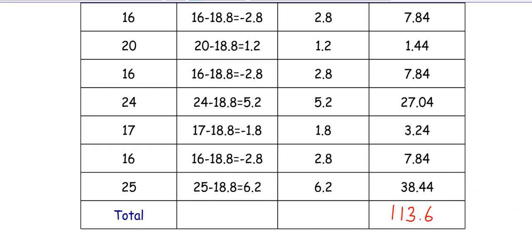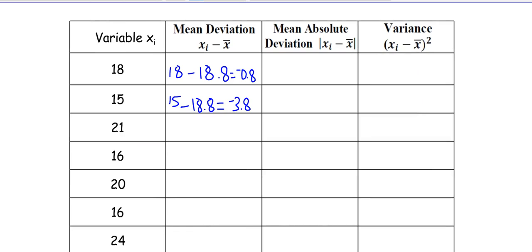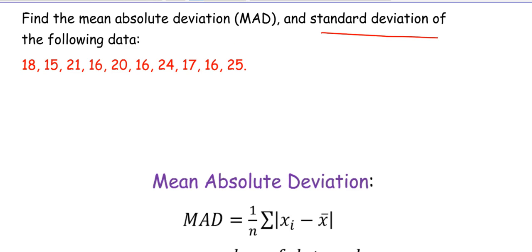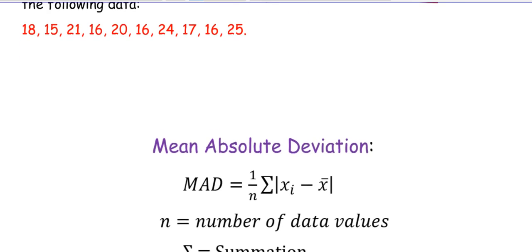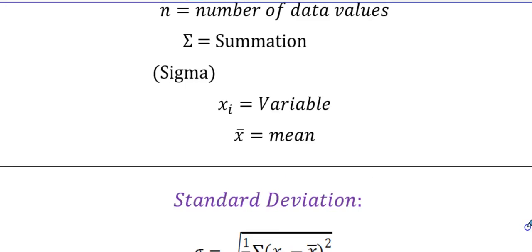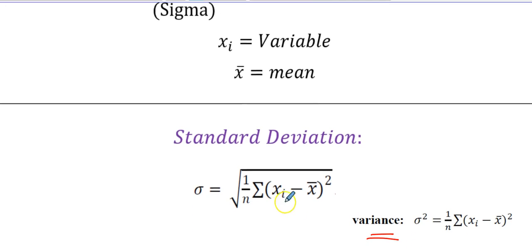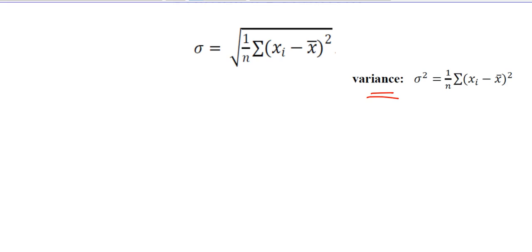Now let me go back to the formula. What it says here for standard deviation is sigma equal to square root of 1 over n, summation of all this xi minus x bar whole square.